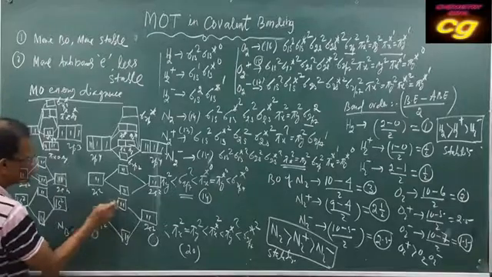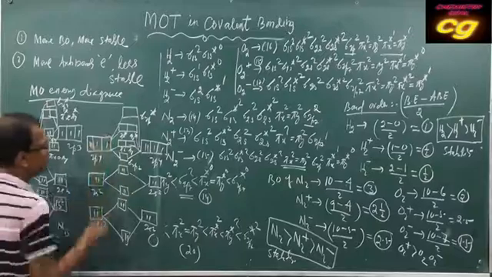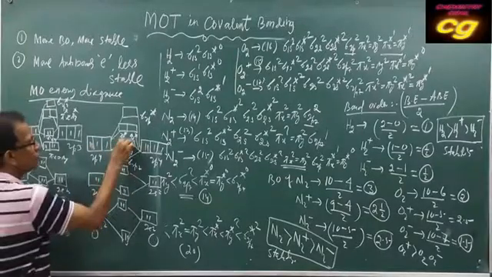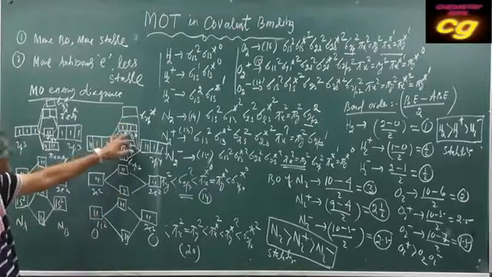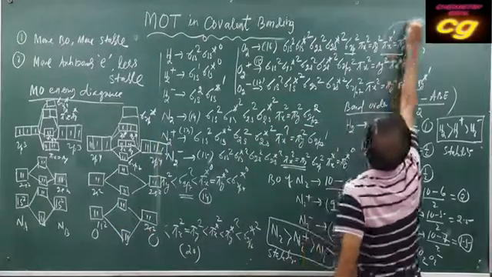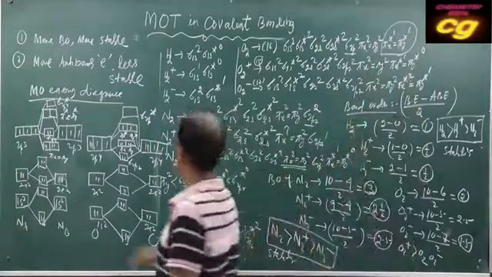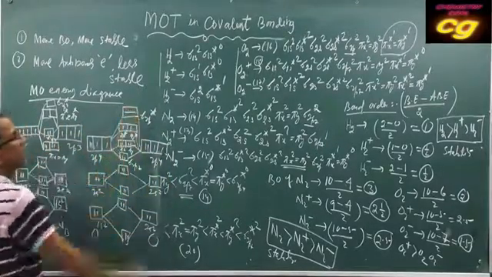So 4 electrons, 2, 2, 4 electrons, 2, 2. How many electrons here? 4 plus 4, 8. So 2, 2, 2, 6, 1, 1, 8. So pi x star 1, pi y star 1, as per Hund's rule. And sigma 2pz star is 0, vacant.